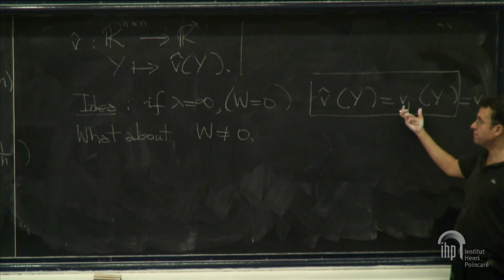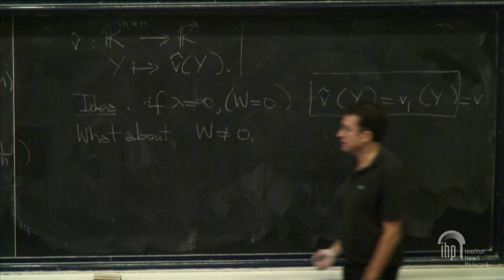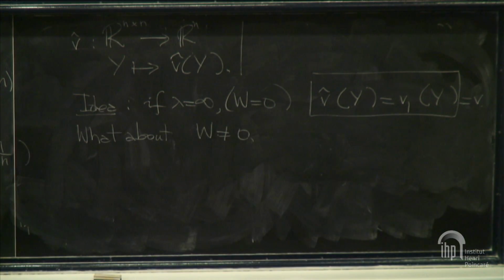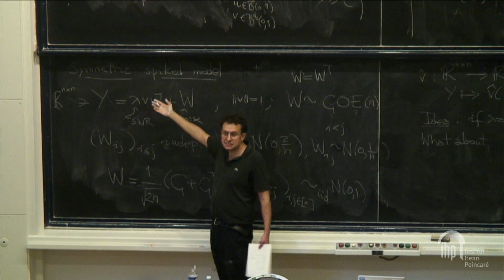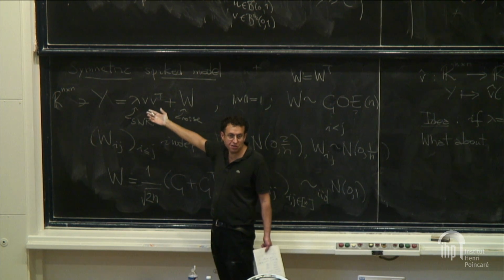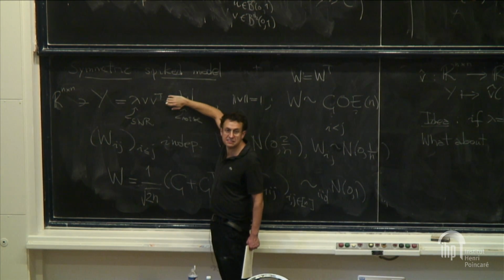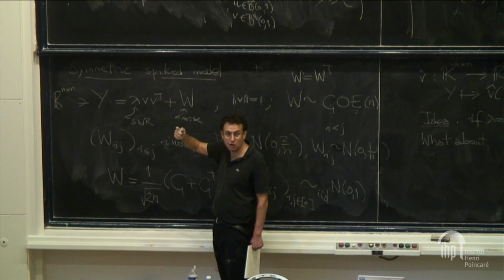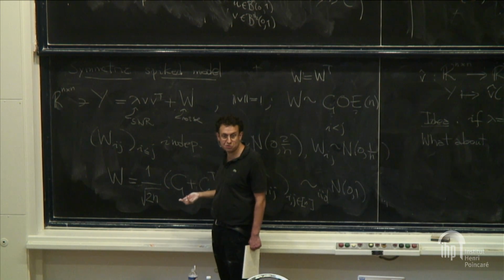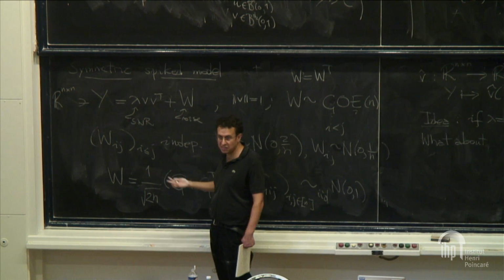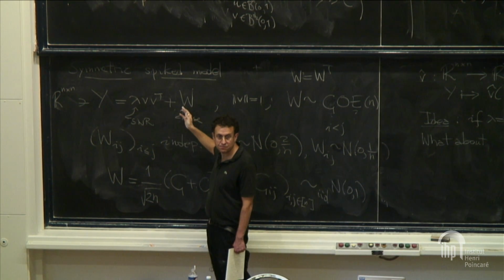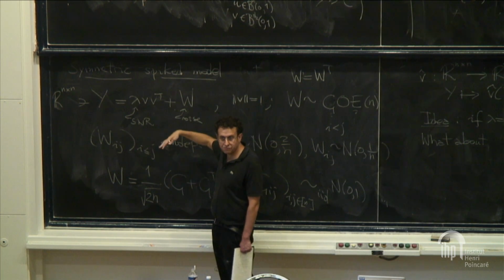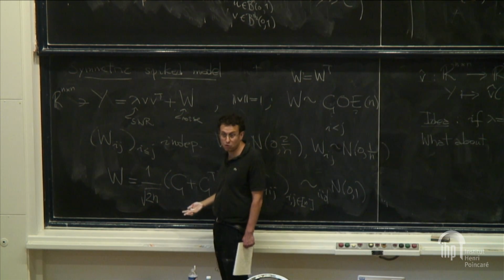We are computing the first eigenvector of this matrix, and we want to compute how close it is to V. Now this is exactly the setting of perturbation theory, right? We have a matrix that we understand very well. It has one eigenvalue equal to lambda, and all the other eigenvalues equal to 0. One eigenvector is equal to V, and the others we don't care about. And we perturb it.